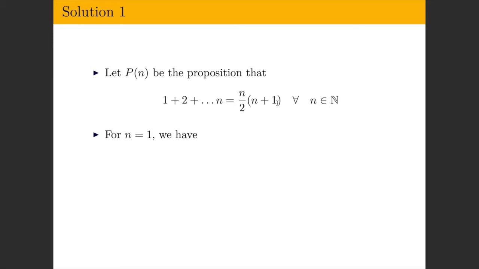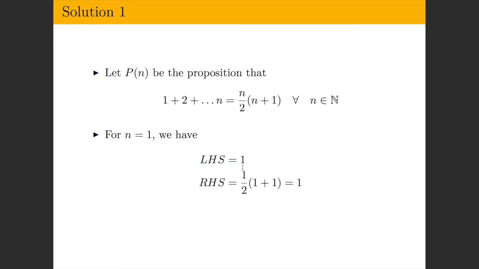Then, our next step in an induction proof is always to prove the first case, the initial step. So, for n equals 1, we look at the left-hand side of this mathematical statement. The left-hand side is 1 plus 2 plus all the way to n. In this case, we've only got n equals 1, so it's just the sum of the first natural number. So the left-hand side is simply equal to 1.